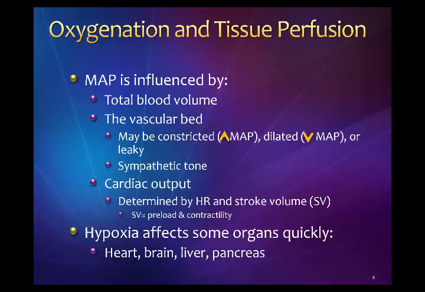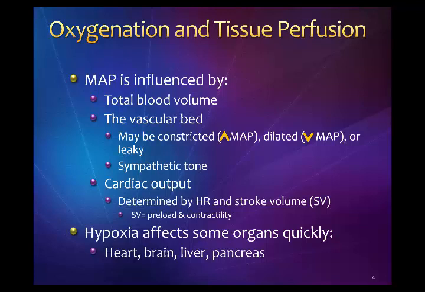If we dilate the blood vessels, our mean arterial pressure drops. So when we're talking about shock, there could be total blood volume problems, vascular bed problems, most specifically vasodilatation, or we can have cardiac output problems, such as in cardiogenic shock and obstructive shock.